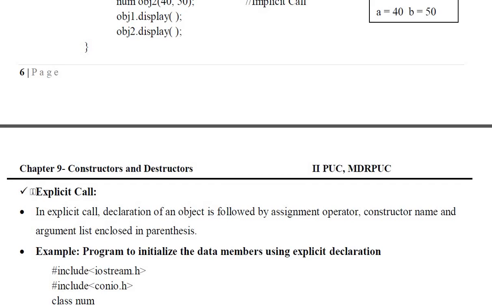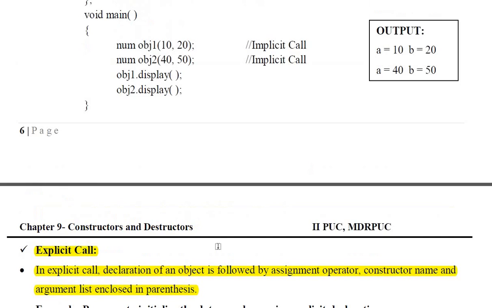Next we will see, just briefly, what is an explicit call. In an explicit call, the declaration of the object is followed by the assignment operator, constructor name, and argument list enclosed in parentheses.